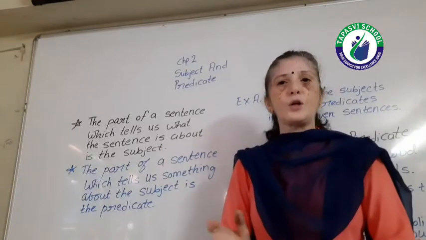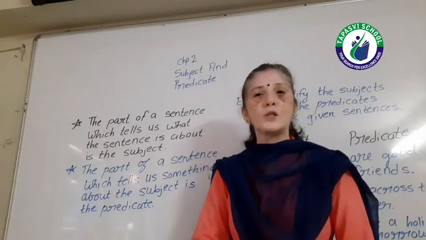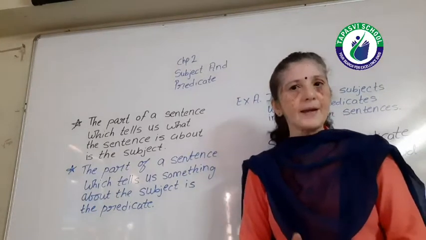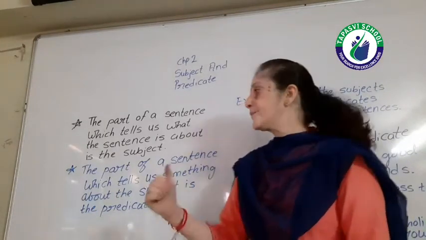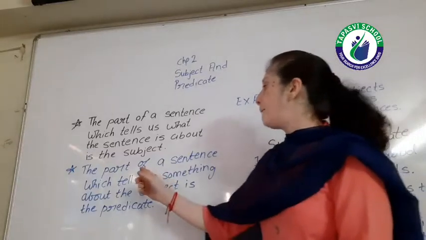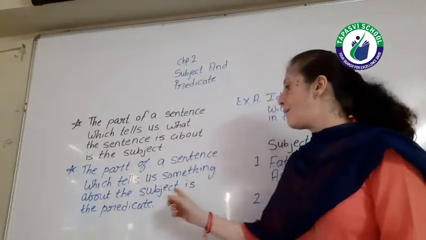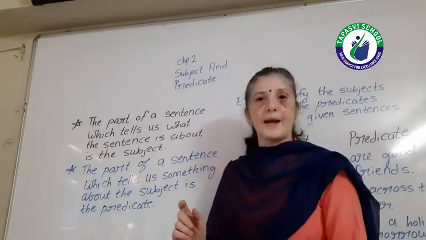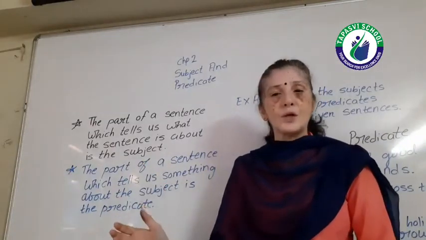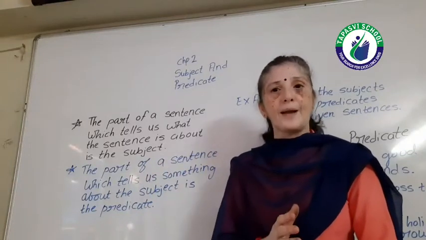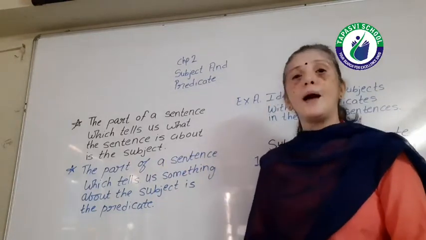Here I told you that Suhana is a good student. So what is the sentence about? Suhana, right? So Suhana is the subject. Now what is predicate? The part of a sentence which tells us something about the subject is called the predicate. Means is a good student. It tells us something about the subject, that is Suhana. So that is called a predicate.